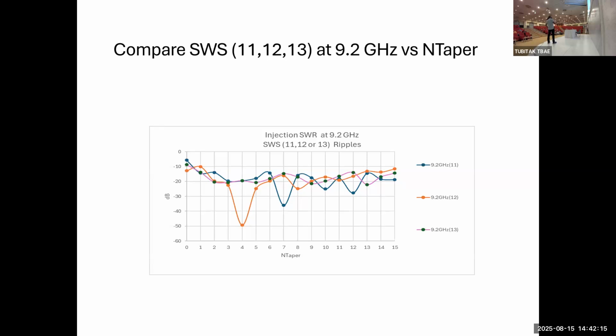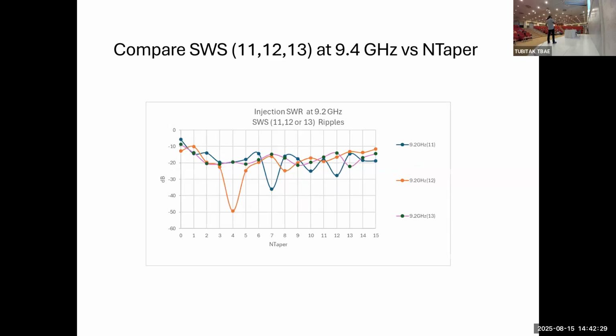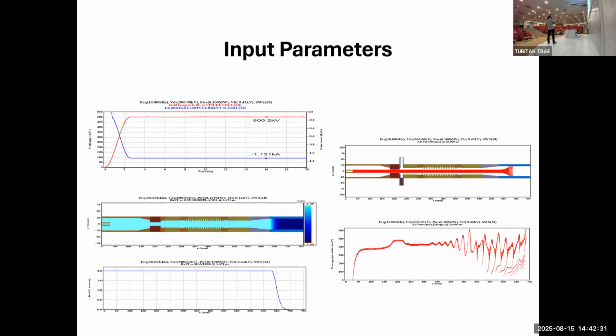And we want to see how the insertion loss behaves as we increase the number of these tapers. So we found that at 3 or 4 periods for the taper is the best solution for non-reflection.